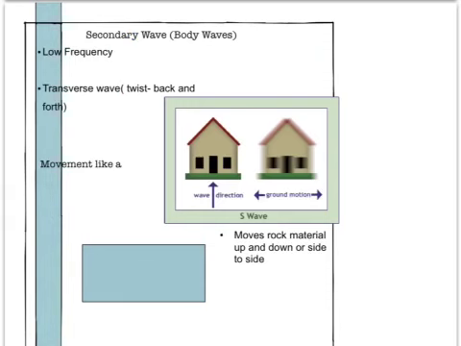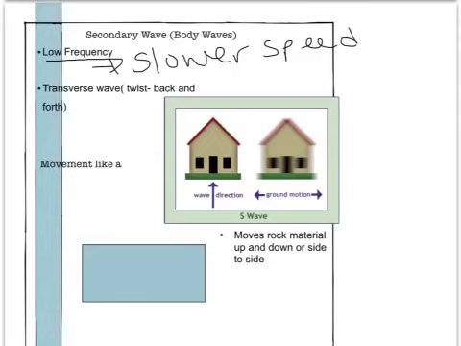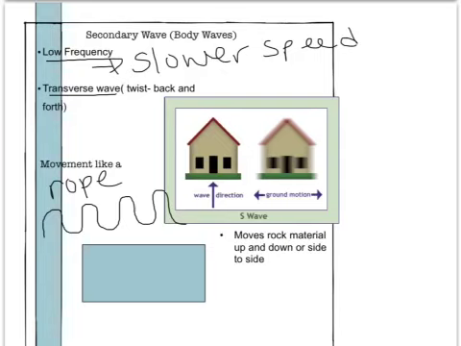The next example of body waves is known as the secondary wave. The secondary wave is a low frequency wave, which means it travels at a slower speed. Okay? They're known as transverse waves, which means they twist back and forth in their movement, similar to a rope. Very slowly. And as they're traveling, they're moving the rock materials up or down or side to side.